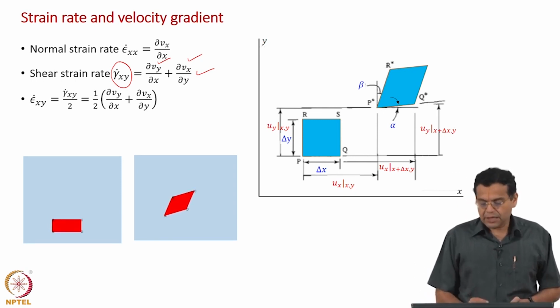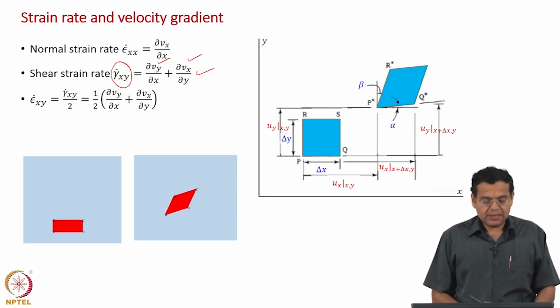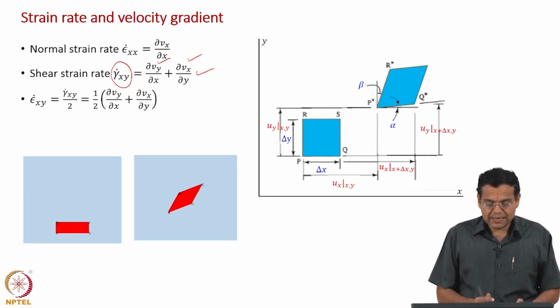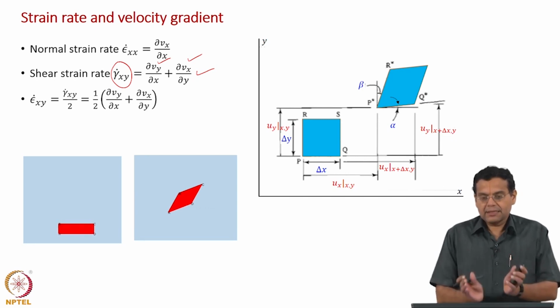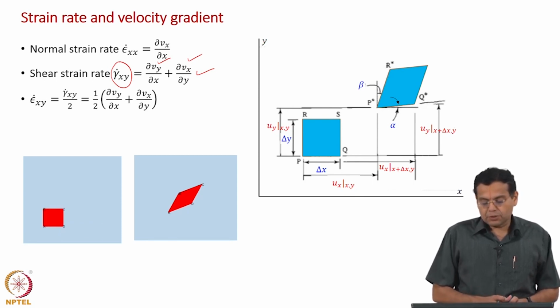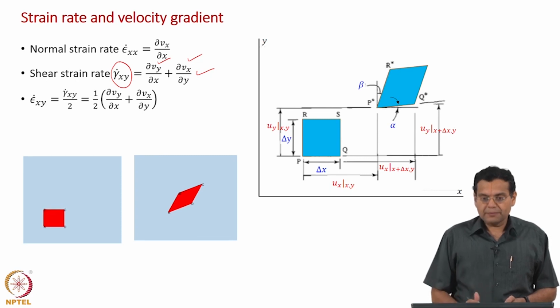Once again I want to mention that the shear strain rate is always with reference to two line elements which are perpendicular to each other. So, only at whatever time t where we have two perpendicular line segments, the rate of change of the angle between the two line elements is the shear strain rate. It is not applicable throughout the motion of the fluid element.